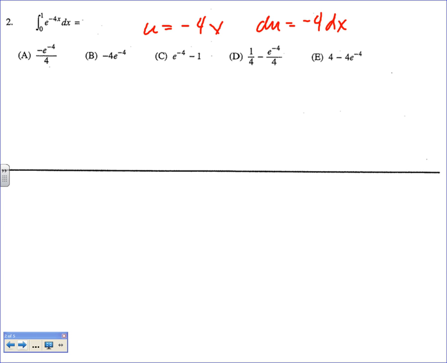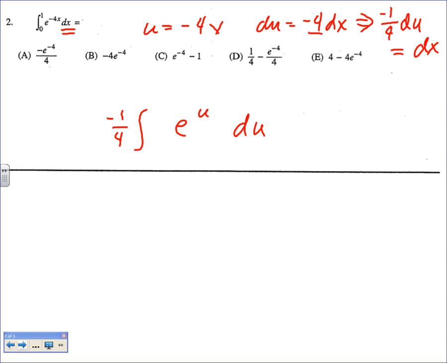And of course you don't need that negative 4, so you might want to say that negative 1/4 du is equal to dx. So making my substitutions, first for the dx, let's put in the negative 1/4 way out front, and we've got our du. And now we're going to have e to the u, of course.